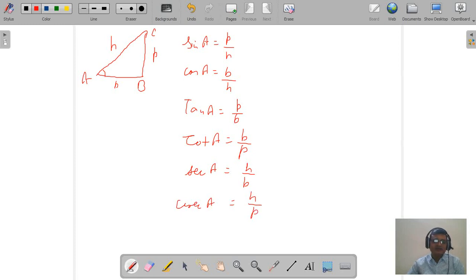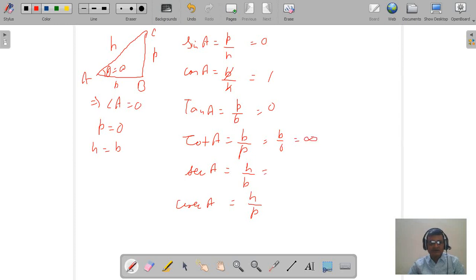Now if we say that this angle theta is going to be 0, it means P will be equal to 0 and H will be equal to B. So sine 0 we are getting 0. Here P and H are same, so this is going to be 1. Here P is 0, so B upon 0 will tend towards infinity.